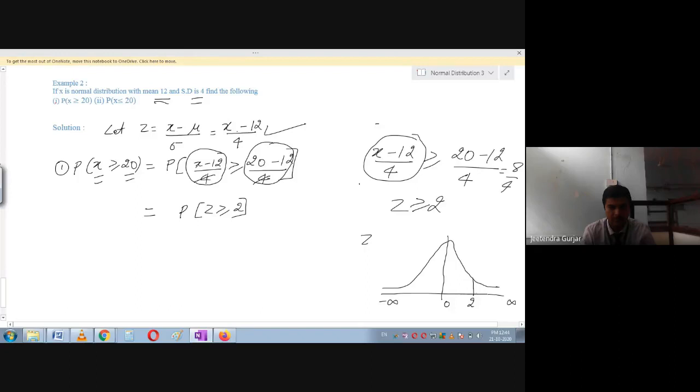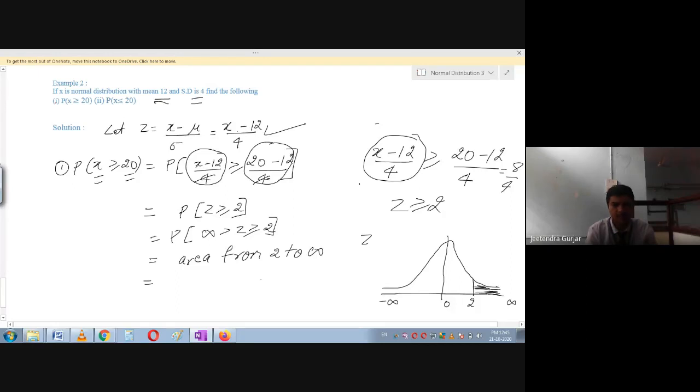So this area you are going to calculate, student. In this variate, this probability will give you P of infinity greater than z greater than or equal to 2. This means you're going to find the area from 2 to infinity.